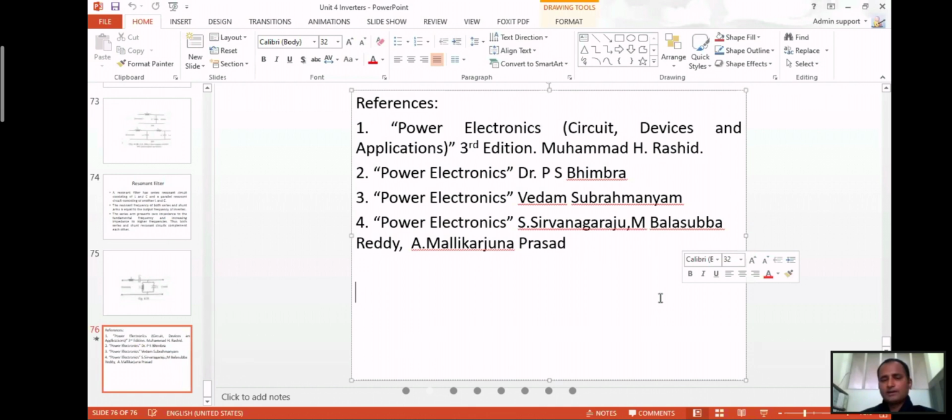Now we just have one unit, the last unit, which is AC regulators. It will hardly take around 5 to 6 classes, and after that we'll complete our syllabus. If you have to return to college by June, then you can straight away solve a few problems.